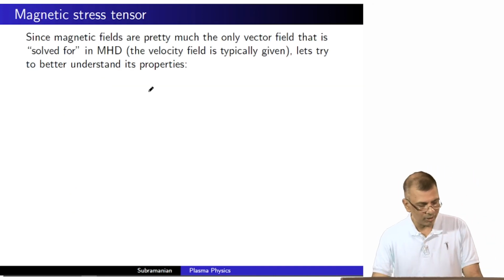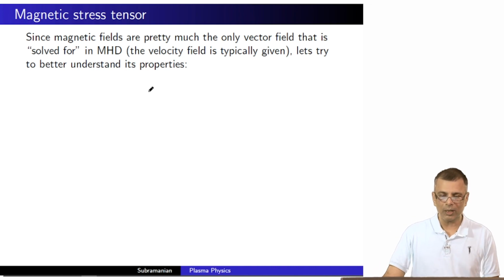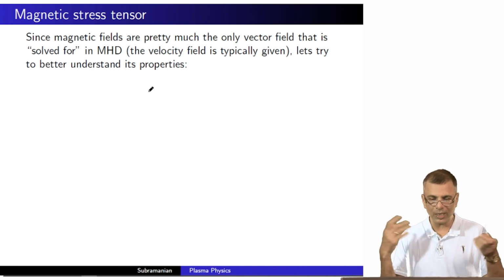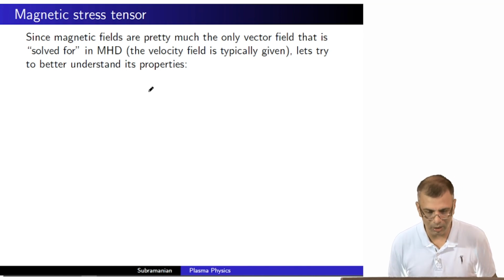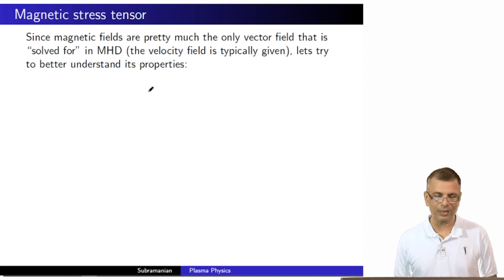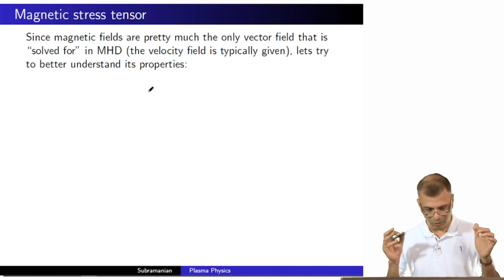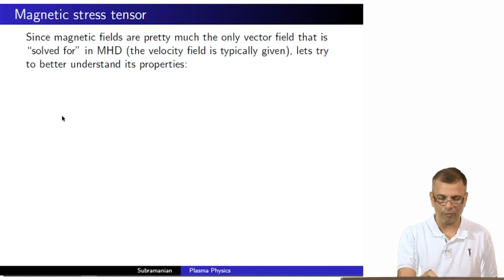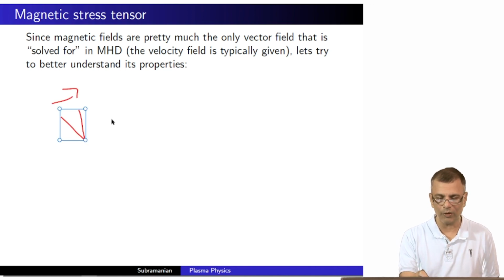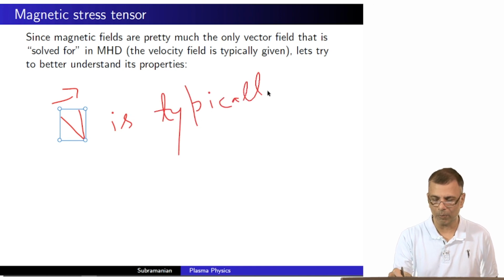And the next thing that we will worry about a little more is the nature of the magnetic fields now. Okay. What the magnetic fields do to the equation of motion. Like this line says, magnetic fields are pretty much the only vector field that is, quote unquote, solved for in MHD. The velocity field, you see, is typically given or typically prescribed.